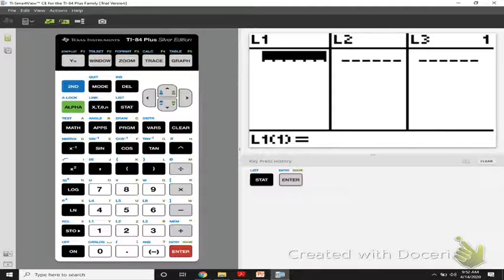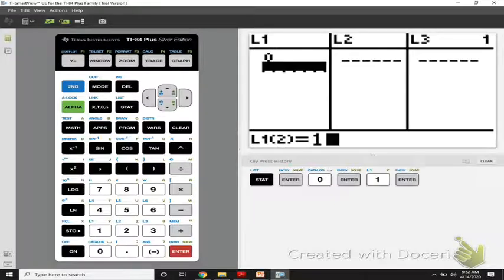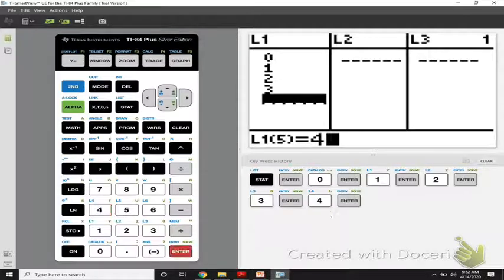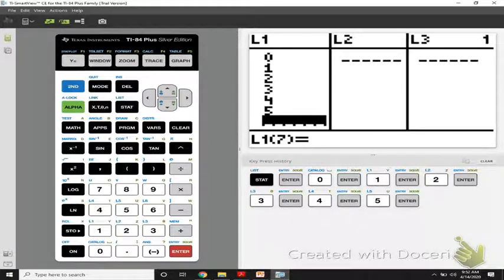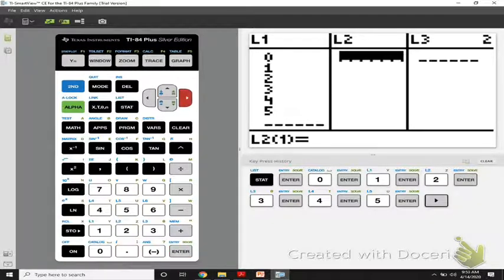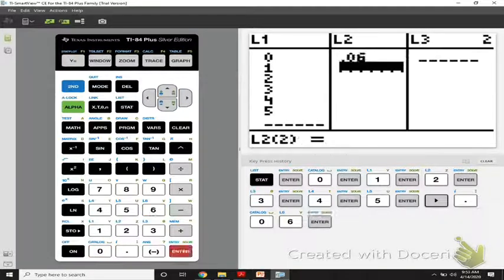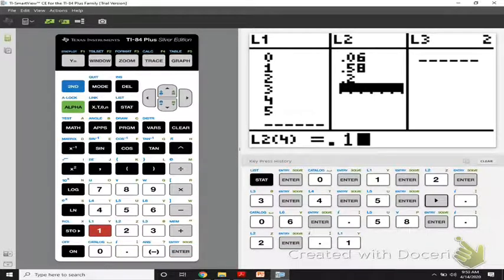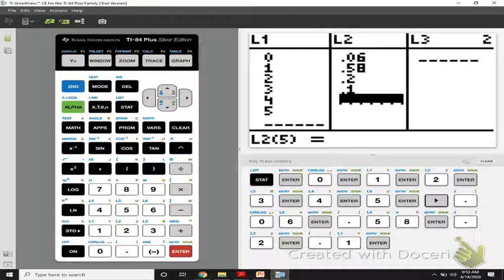The values of our random variable were 0, 1, 2, 3, 4, or 5. And the probabilities that corresponded with those, if you hit the right arrow, it'll take you to list 2: 0.06, 0.58, 0.22, 0.1, 0.03.